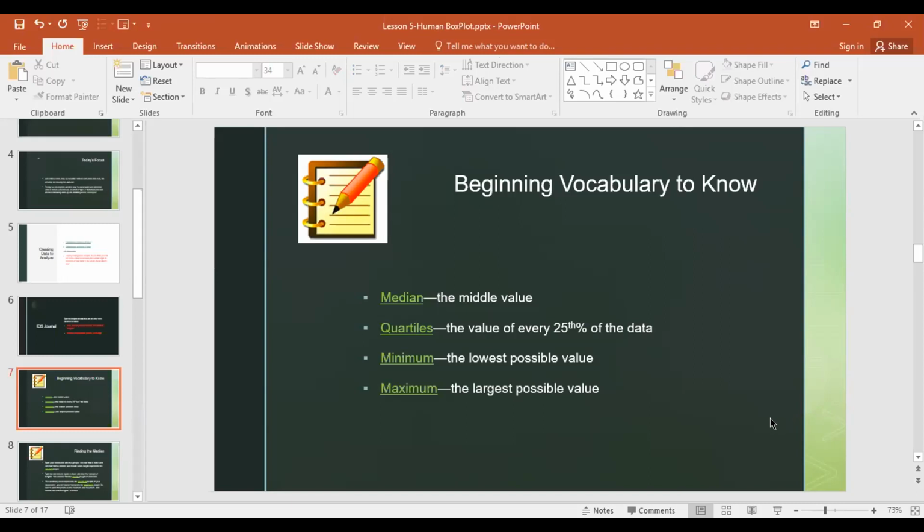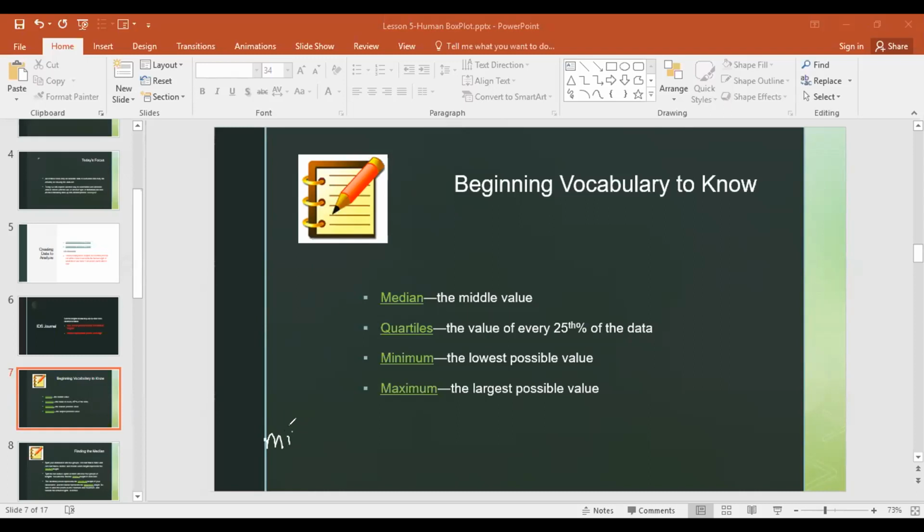Okay. So to break things down a little bit more, in order to create a box plot, I need the following. I need my minimum value.